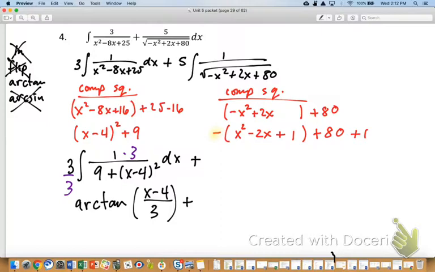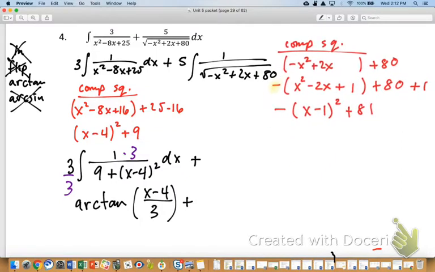This one goes negative x minus 1 squared plus 81. So then this becomes 5 times the antiderivative of 1 over square root of 81 minus x minus 1 squared.